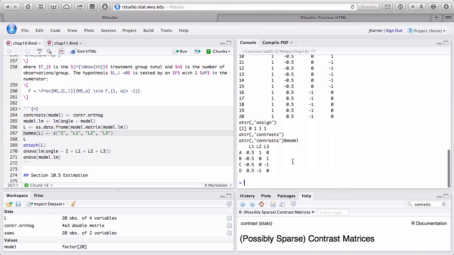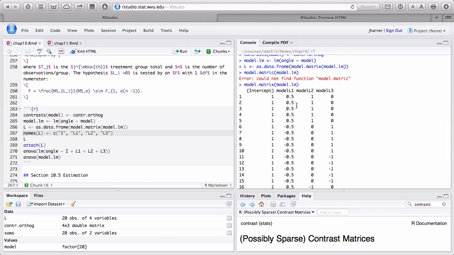But it also gives the attributes, and in particular the important one is this contrast, which I had defined. Okay. Now notice that the names are model L1, model L2, and model L3.